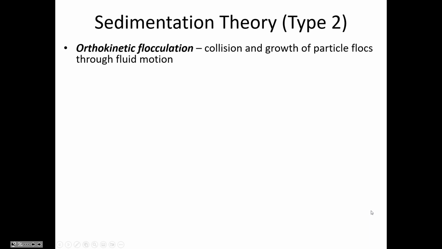And our book describes that as orthokinetic flocculation, where particles are colliding and the flocs are growing as they interact with each other. And it's partly because of fluid motion that brings the particles in contact, but it's also differential settling velocities that brings these particles in contact.